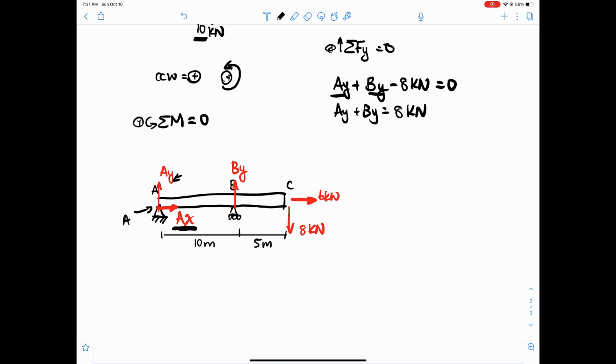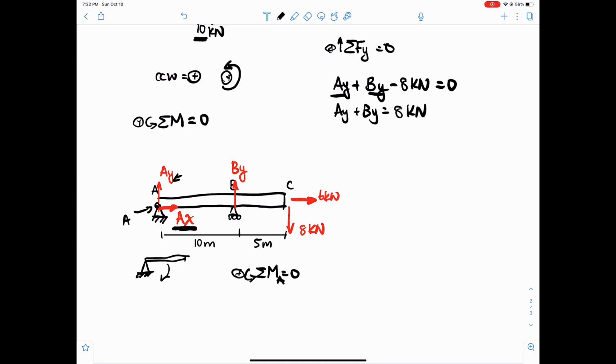Since this hinge support allows for rotation, we can just assume that this is some sort of door hinge. So what we can do is simply say the sum of moments around A equals 0. I'll put a little A here so you know that I'm talking about A.